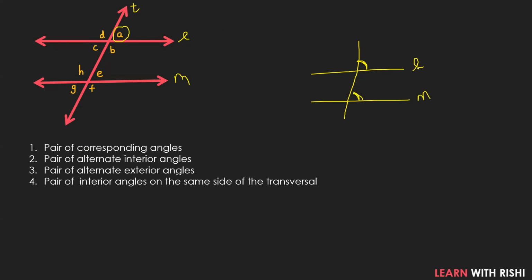Similarly, if I take this angle on line L, the corresponding corner at line M becomes this one. So these are the corresponding angles.